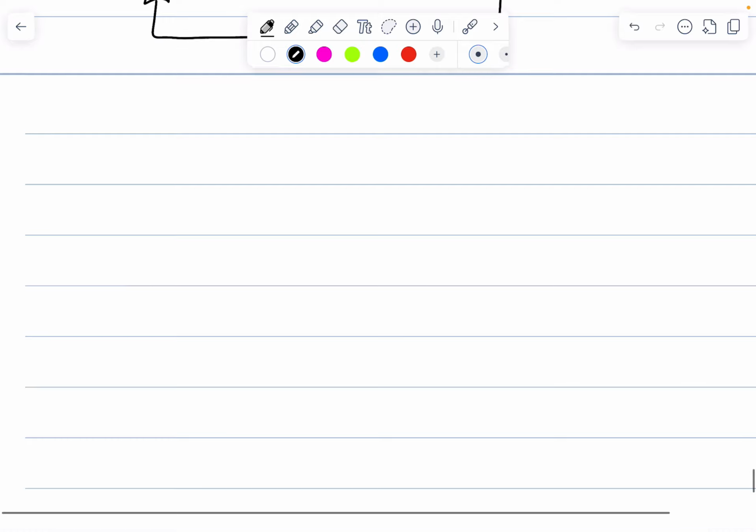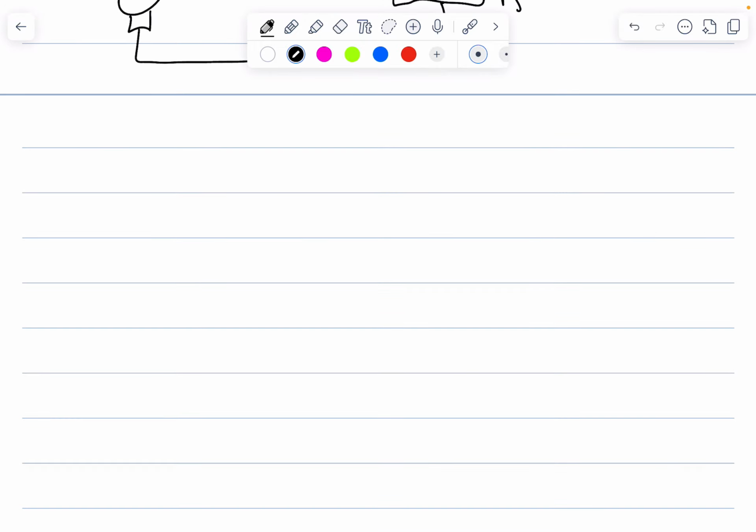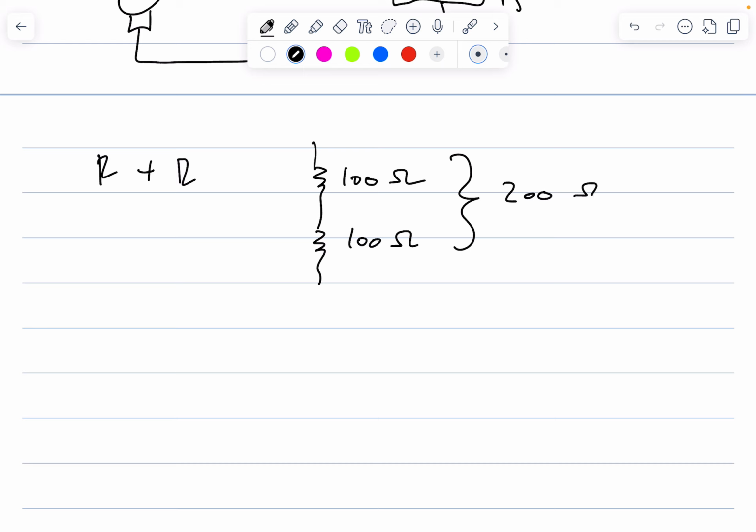Let's go back and talk a little bit more about resistors in series, resistors in parallel. Loads in parallel, loads in series, right? So resistors in series are additive. If I had a 100 ohm resistor and then I gave it another 100 ohm resistor, the total is 200 ohms.